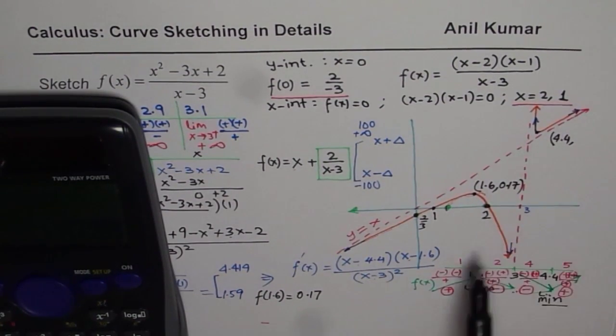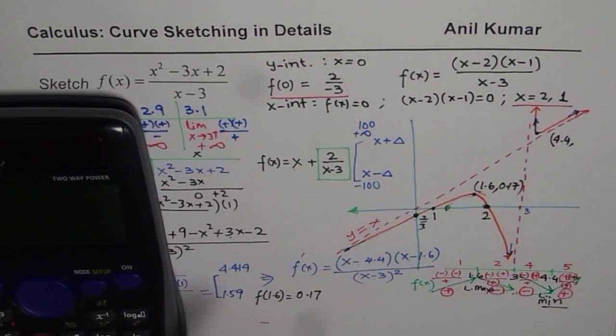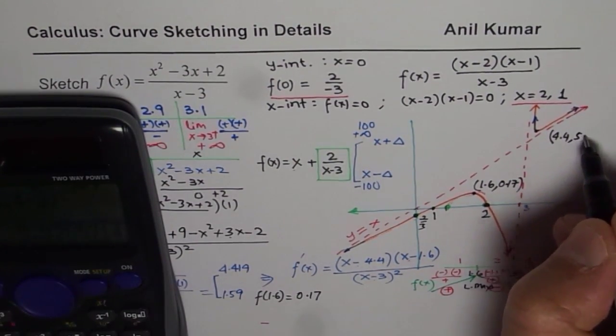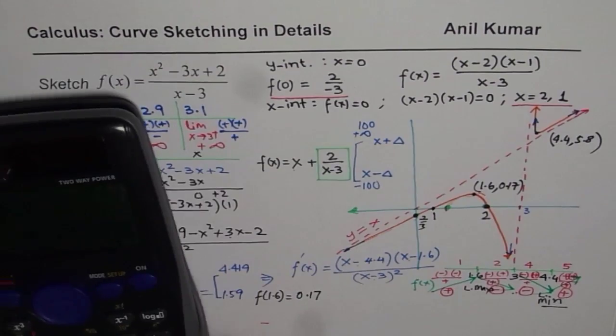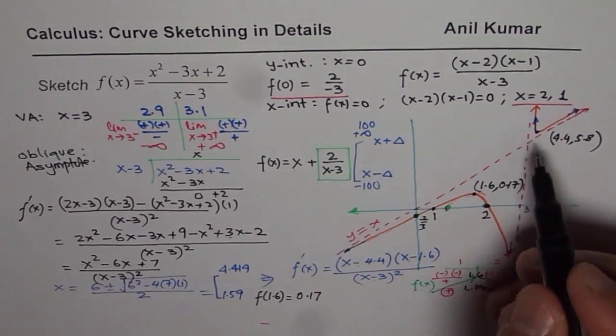For the minimum, we'll substitute 4.4. So we have 4.4 squared minus 3 times 4.4 plus 2, divided by, within brackets, 4.4 minus 3. The decimal value is 5.8 approximately, right? So we'll write 5.8 here. So that becomes the local minimum, right?